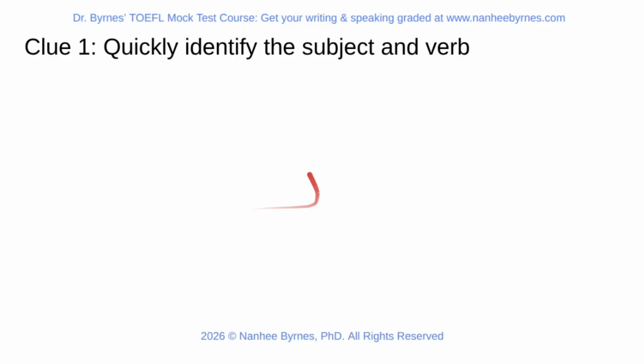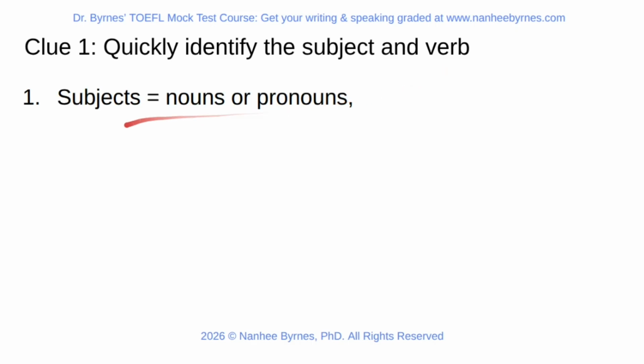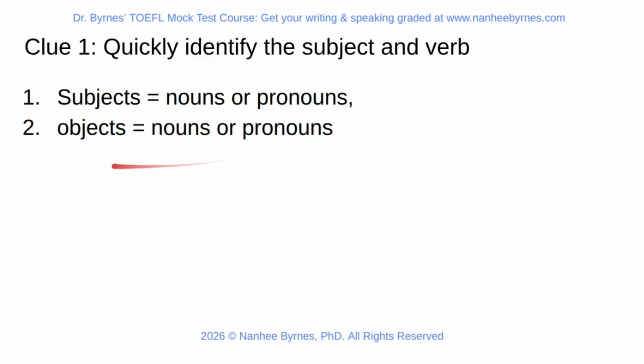Clue 1. Find the main subject and the main verb. To build a correct sentence, you must first identify the main subject and the main verb. Subjects are usually nouns or pronouns, but those words can also appear as objects in a sentence. So simply seeing a noun does not automatically mean it is the subject.